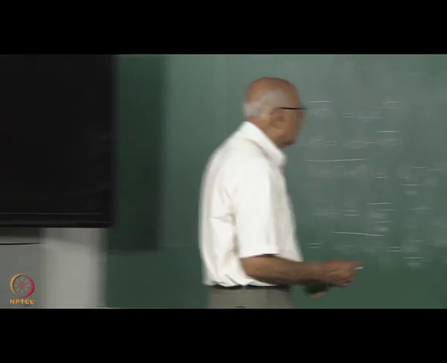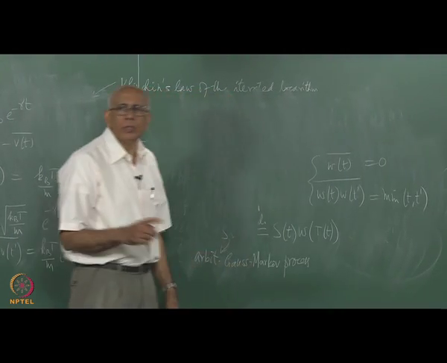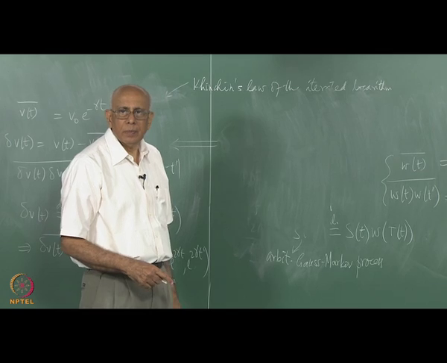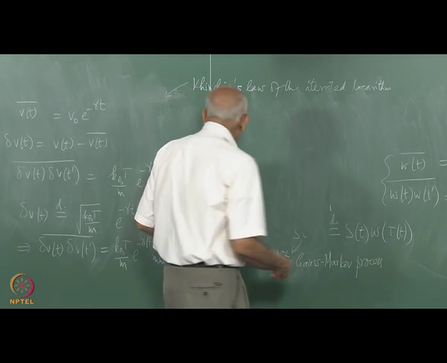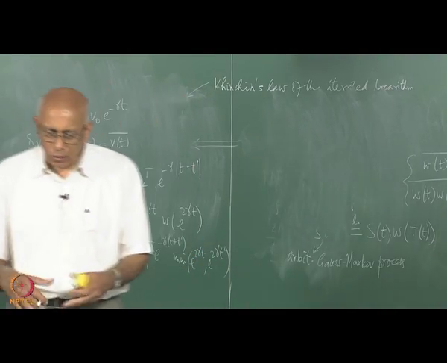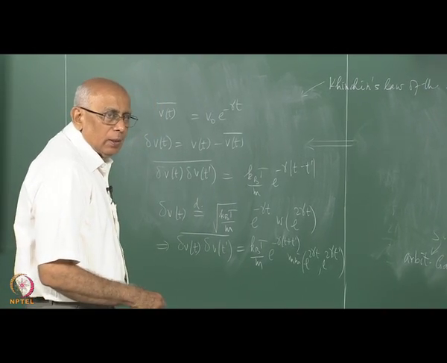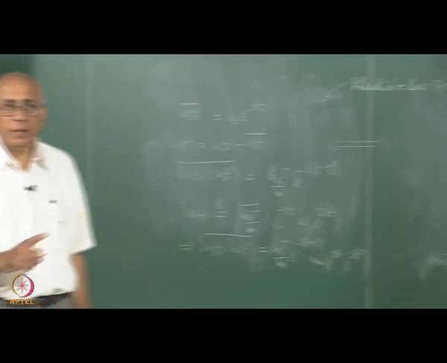For instance, here is one. If you have diffusion in d dimensions, right. So you have a probability density which satisfies the diffusion equation in d dimensions. So it is like a whole lot of Brownian motions in higher dimensions, right.